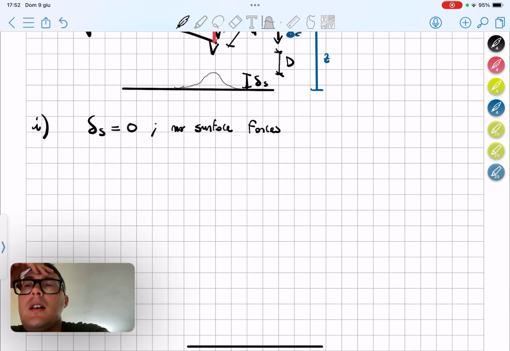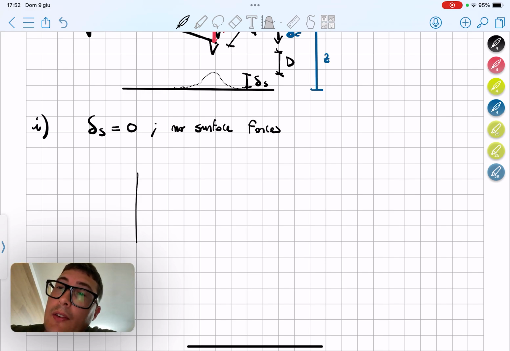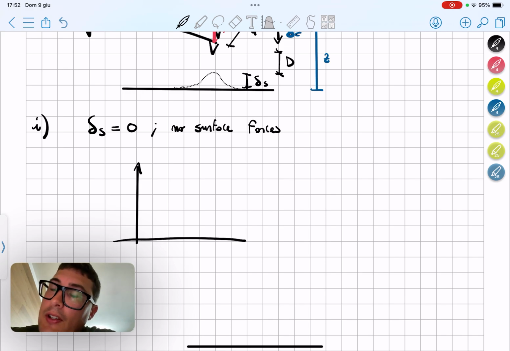There are no surface forces, and the sample is undeformable. We can see some force distance curve.